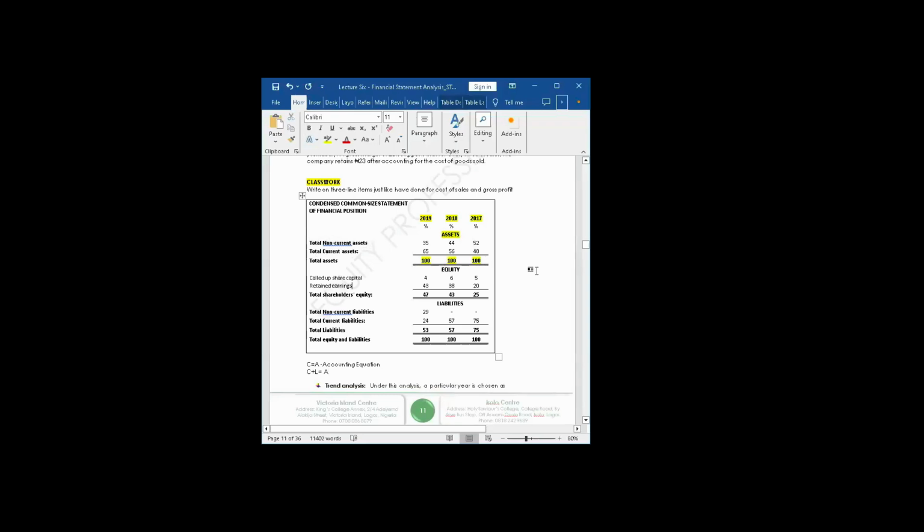Now, if you look at the other section, the equity and liability, what do you notice? The total equity is 25%, 43%, and 47%. And for the liabilities, we have 75%. So to get the total equity and liability, we add 25 plus 75%, which gives us this 100%.